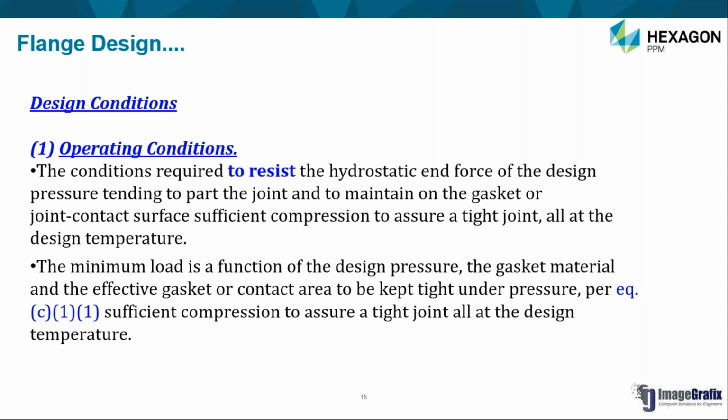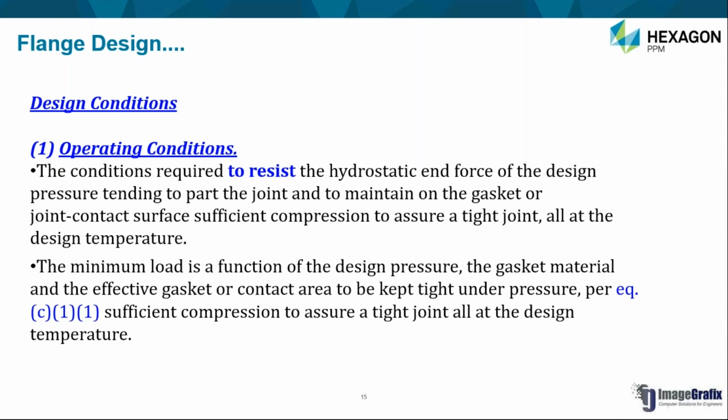Being a designer, we need to take care of such things, and for that the M factor comes into the picture. It is a multiplication factor used to multiply the value of the joint contact surface compression load, so that your gasket will still be under compression even after the application of the pressure, and the load has been increased with the help of the M factor.